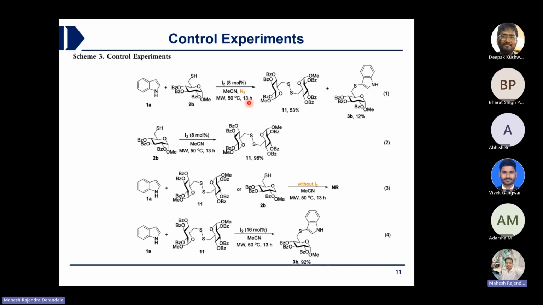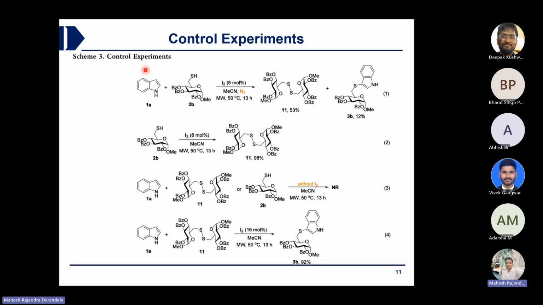But here in this case, they did the reaction with the nitrogen atmosphere. Initially, they are doing it at the open atmosphere, like in the presence of oxygen. Here, they tried it at the nitrogen atmosphere. So one result they are getting, like in this case, there is formation of 53% this disulfide linkage, and expected compound was only 12%.